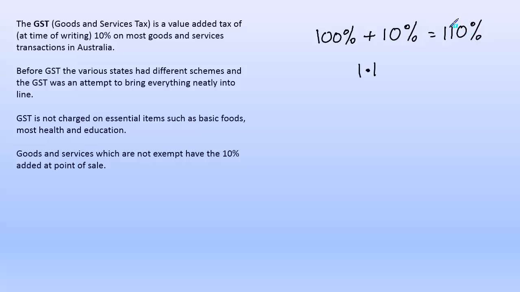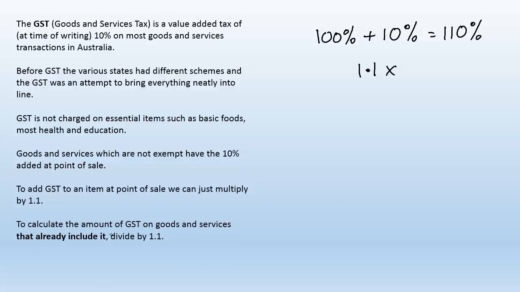Remember, we divide by 100. Let's change this into a decimal and then multiply that by the original cost. And we're just about to discuss that here. To add GST to an item at point of sale, we can just multiply by 1.1. And from our discussion here, we know why that's the case.